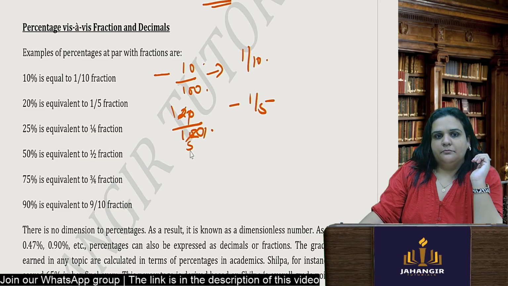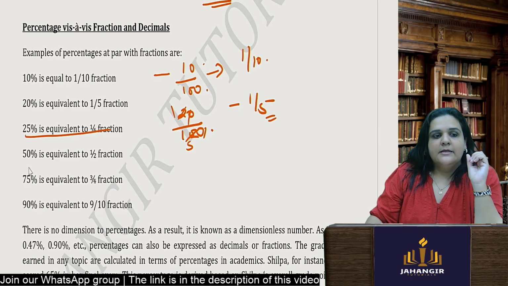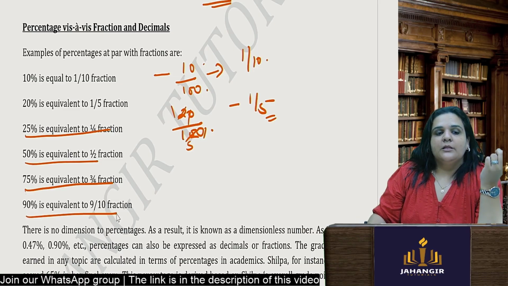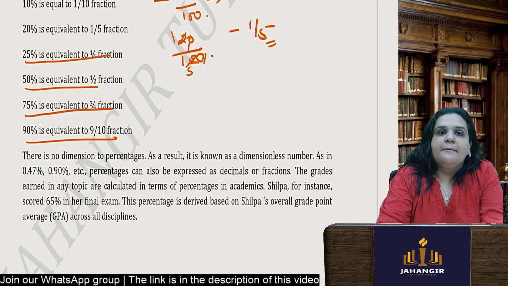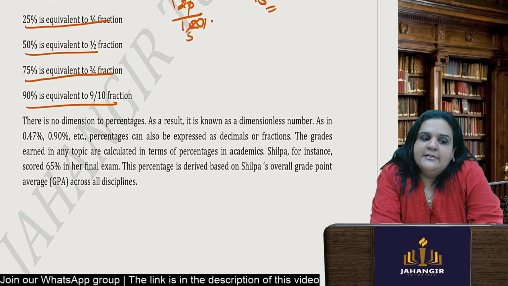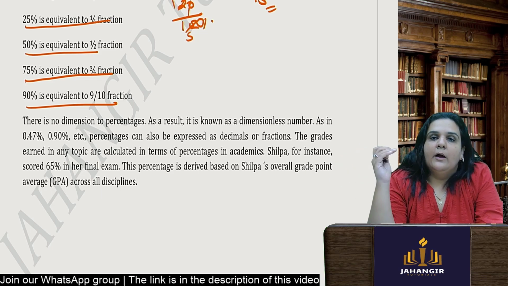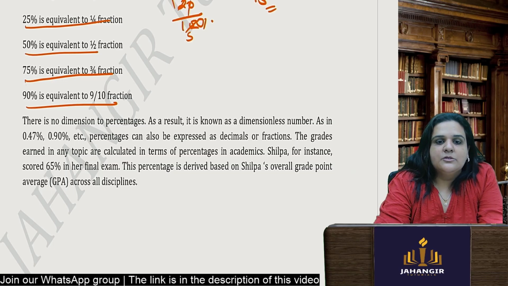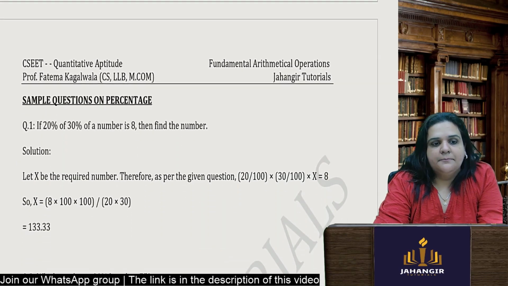Similarly 25% will be 1/4, 50% will be half, 75% will be 3/4, and 90% is 9 by 10. There can be percentages in decimals also: 0.33%, 1.88%, 0.90%.